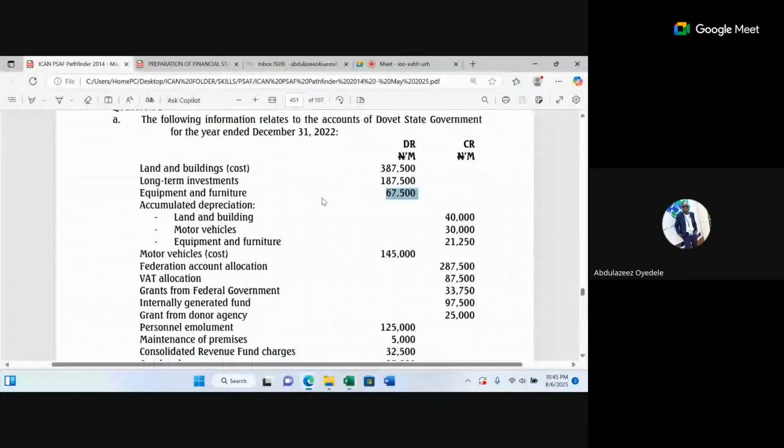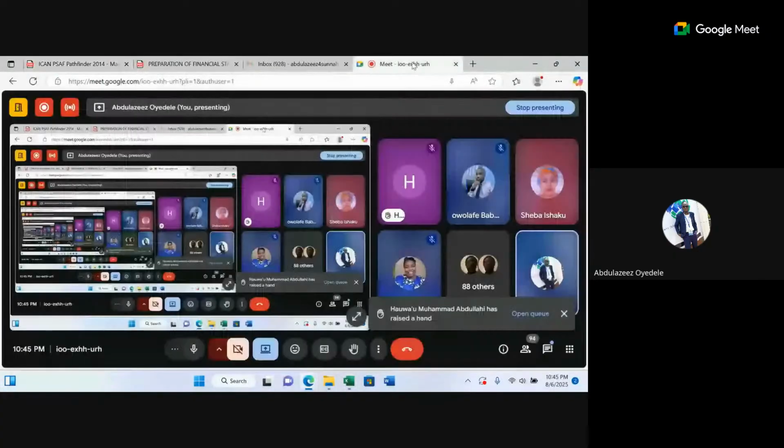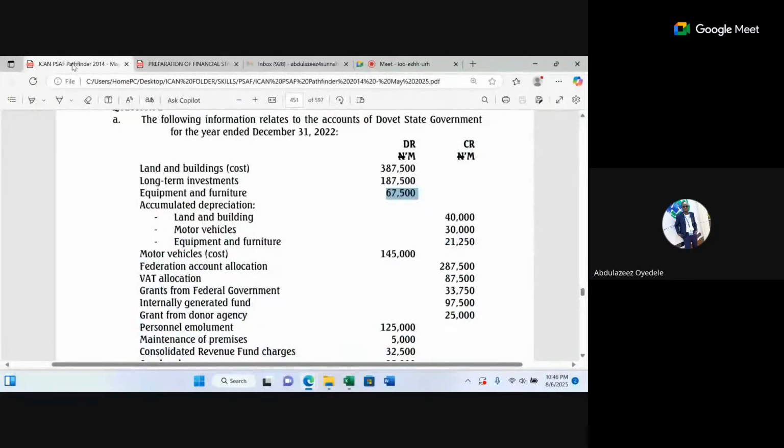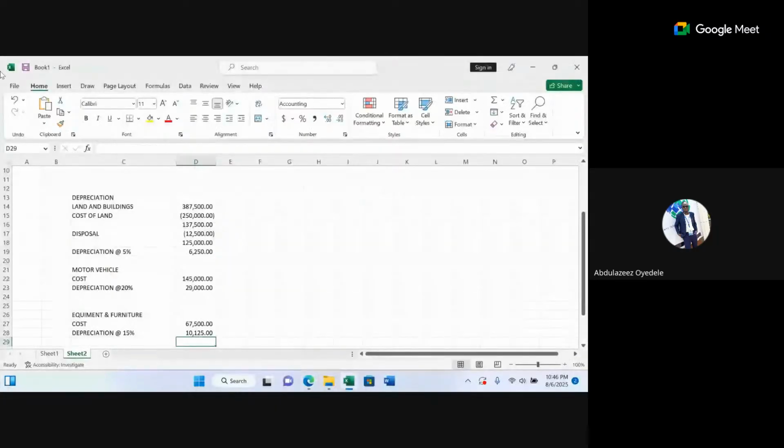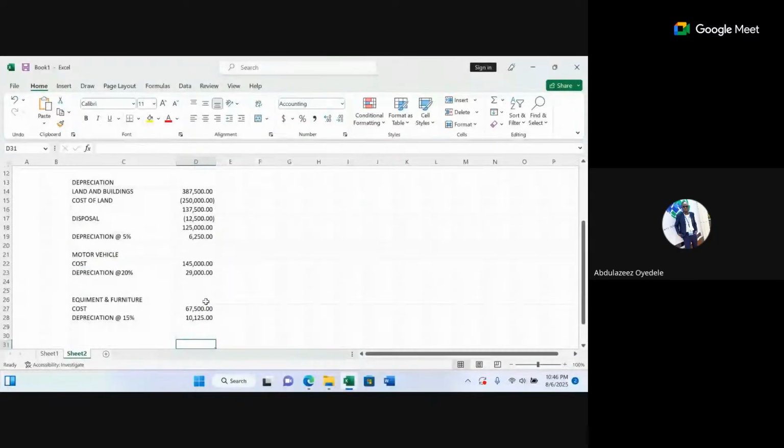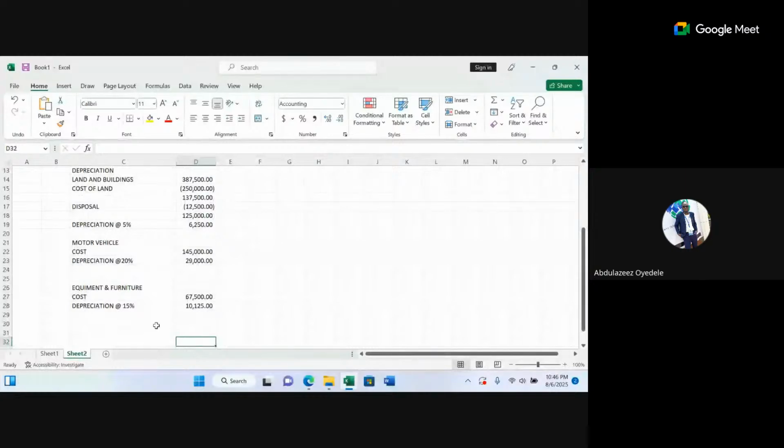Okay. With this, we can have our total depreciation for the three assets together. Total depreciation.